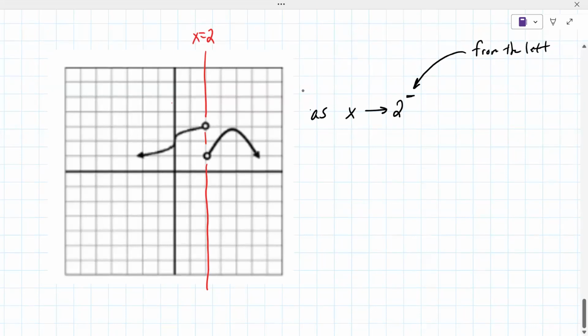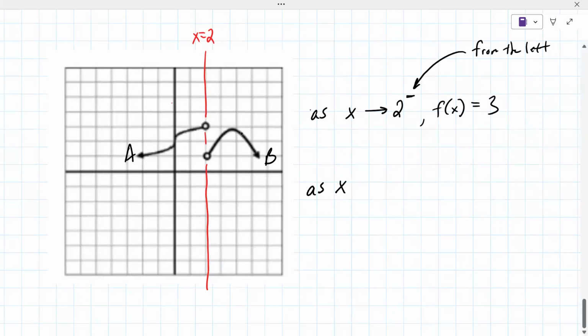So from the left, does that mean you're starting at A or B if you're coming from the left to 2? A. Yeah, you're coming from the left. You're traversing the curve from the left. What is the y value there? That does not exist, but assume it exists. Hold on, let me write that. 3. It's 3.